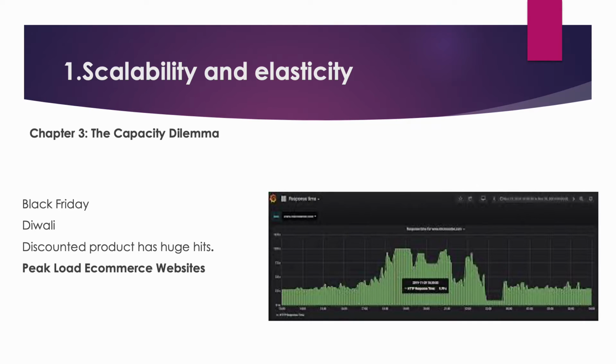They use a cloud service that allows them to scale their infrastructure up and down based on demand, ensuring they can handle the increased load during the peak shopping seasons without the overhead of idle resources for the rest of the year. For example, you can see here in this picture the other day capacity is normal, but when there is any discount or Black Friday or any peak, load increases. So that's how the elastic capacity dilemma is handled.